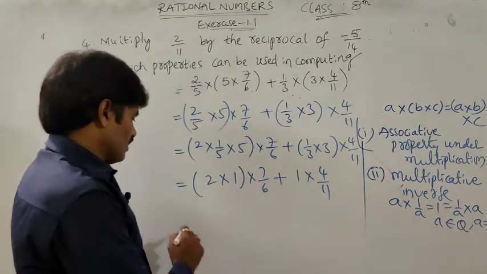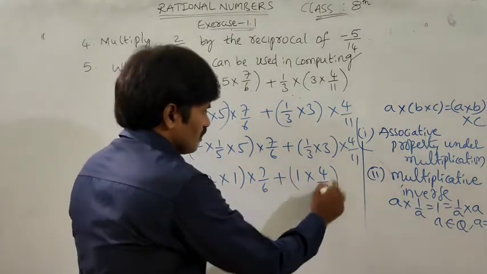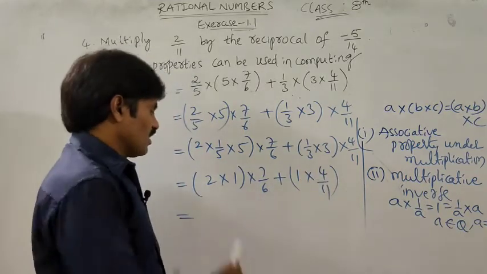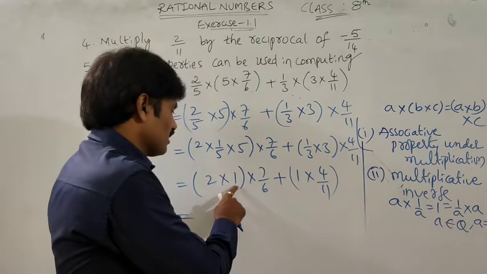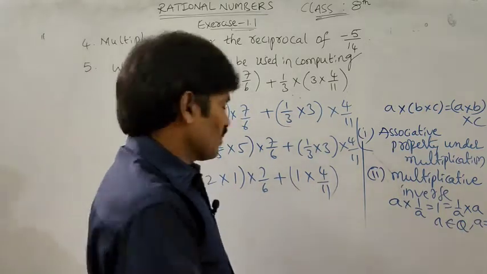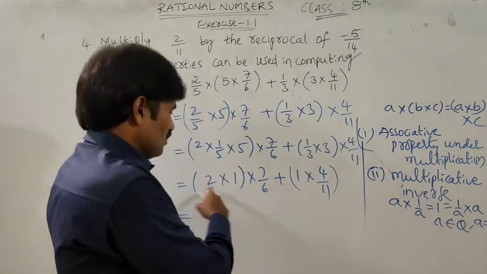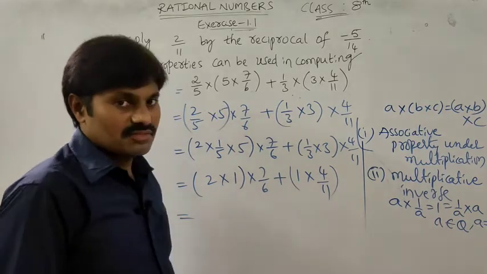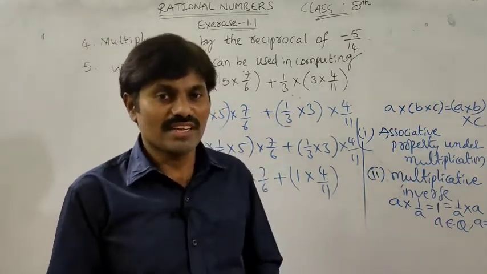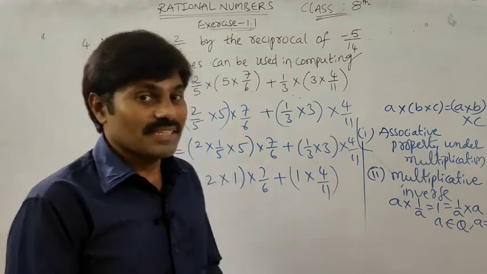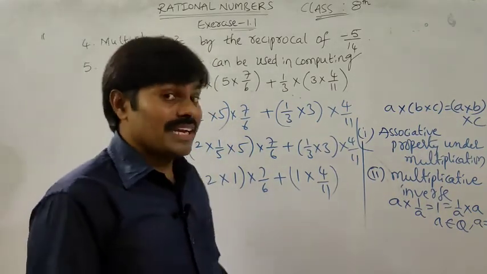Okay, now 2 into 1. So we are multiplying by 1. So what do you call this? Simplification. So 2 into 1, 2. Like a into 1 is equal to 1 into a is equal to a. So what is that property? Yes, that is multiplicative identity.